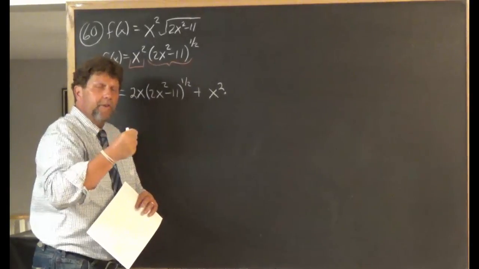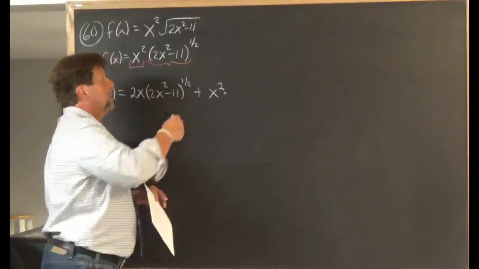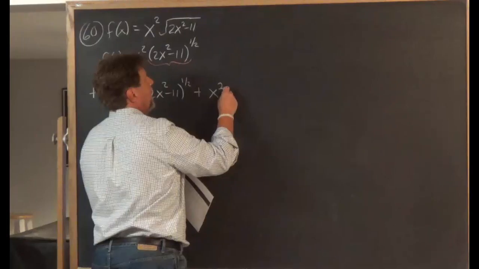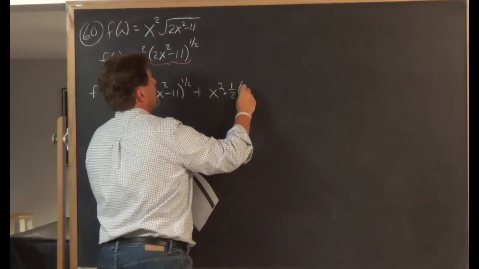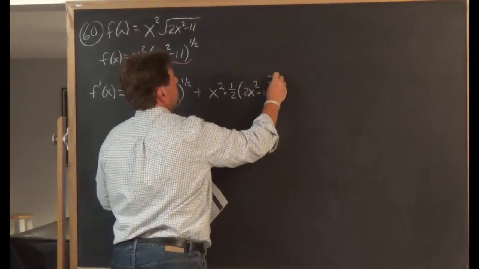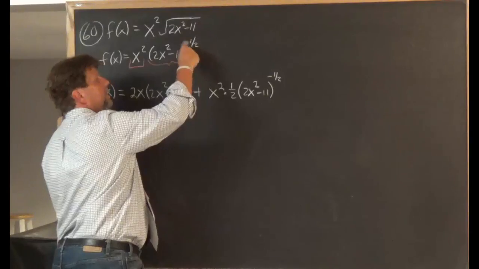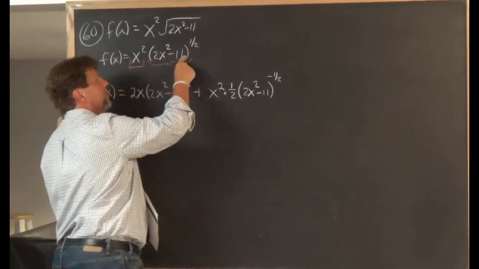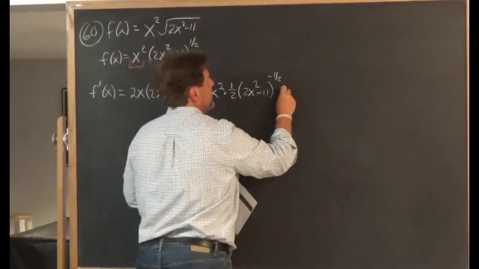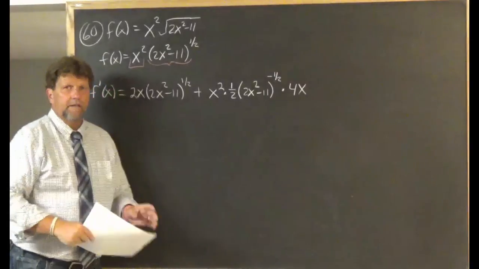And when we do the derivative of the second function, we have to remember the chain rule. So when we differentiate the second function here, we have 1/2 times 2x squared minus 11 to the negative 1/2. So that's the derivative of the outside, times the derivative of the inside function. Well, the derivative of the inside function is 4x.